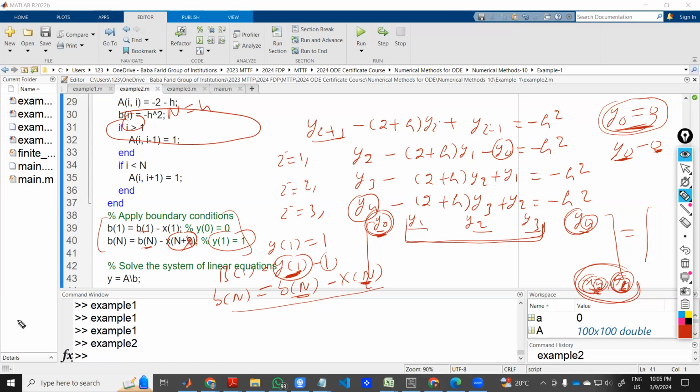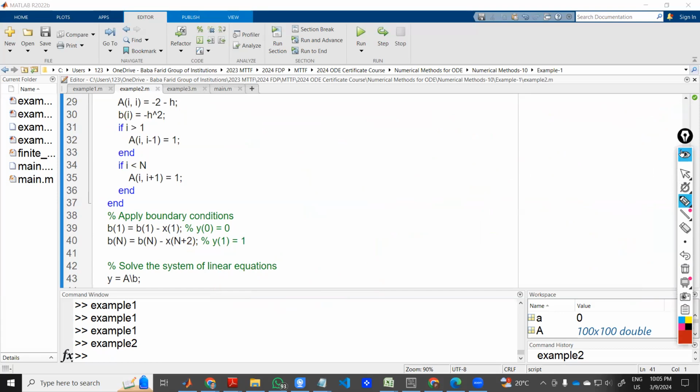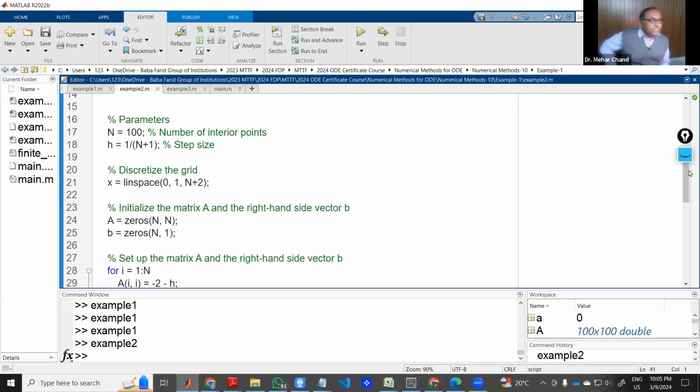Got it? Yes, sir. But check it here in MATLAB. After removing the 2, we will see the result. We can check it. The linspace we are taking here has n plus 2.